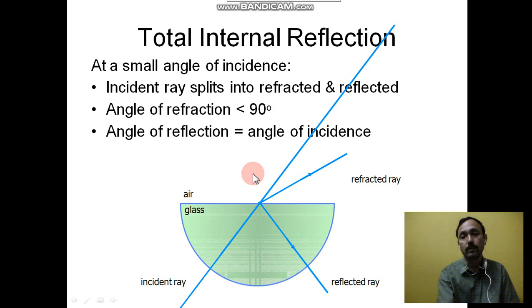If we draw the normal here, the angle of refraction is this, which is less than 90 degrees. The angle of reflection is equal to the angle of incidence.